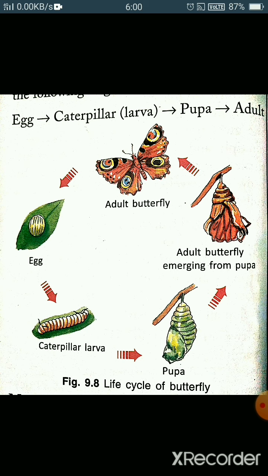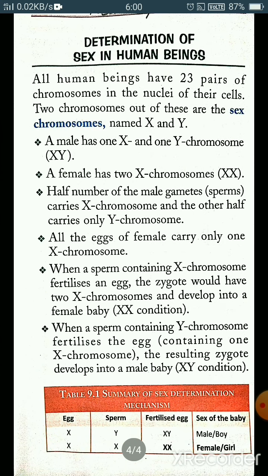So metamorphosis is the process of transformation of larva into an adult through drastic changes. In human beings and all other viviparous animals, metamorphosis does not occur because the young ones resemble the adult at the time of birth.